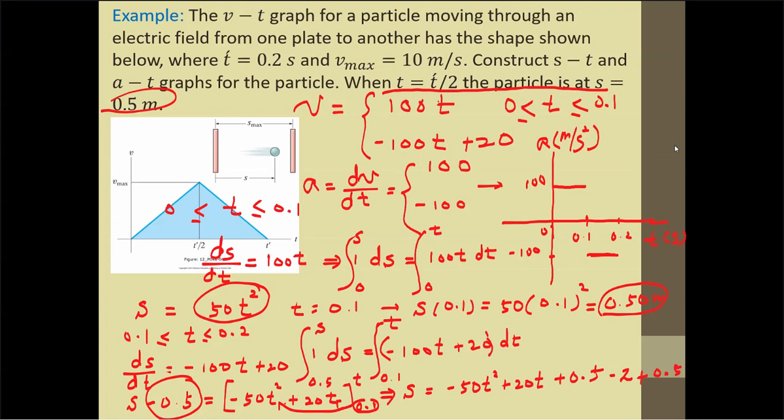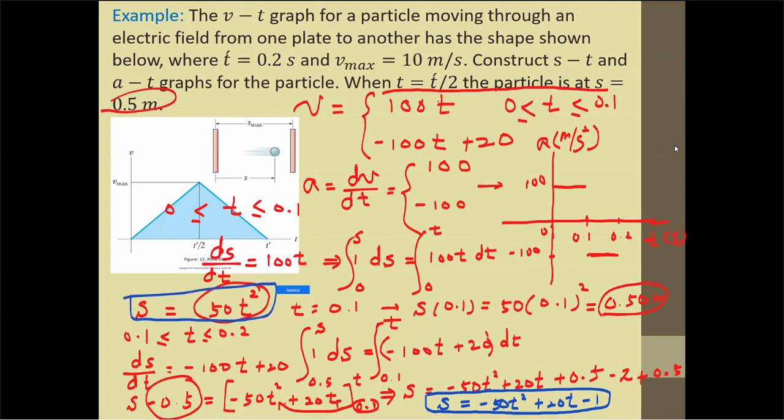So finally, the position function is s equals negative 50t squared plus 20t minus 1. This is final in the second time interval. In the first time interval, s is 50t squared.